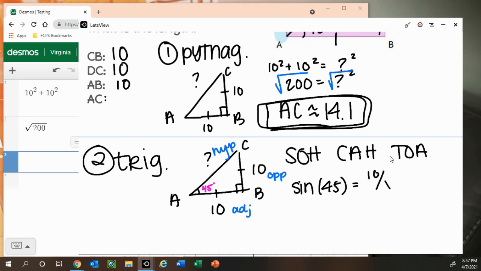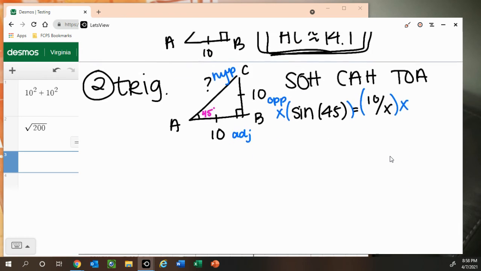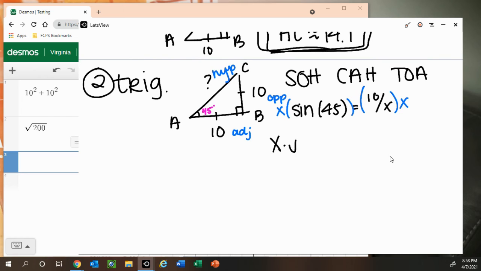For this one, I'm going to replace that with an x because it's about to get weird. How do we undo dividing by x? We are going to multiply both sides by x. So you have x times sine of 45 equals 10.